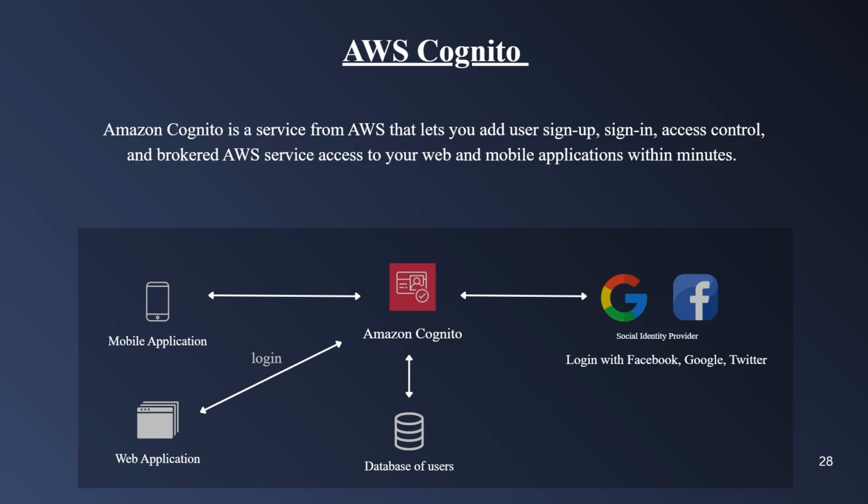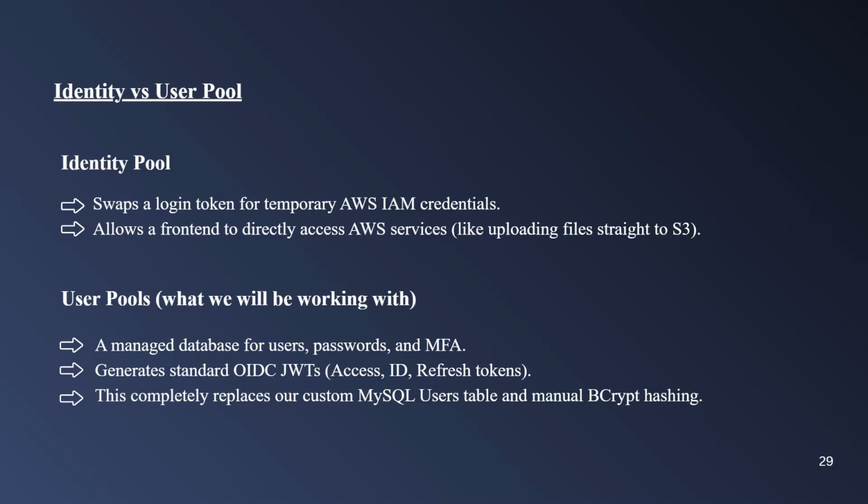So you might be asking, what are the other parts of Cognito? Let's call it that you have two main parts of Cognito, let's put it that way. So you have identity pool and you have user pools. I'll just quickly start with identity pool. In identity pool, what you're doing is you are giving your front end access to your AWS resources, right?